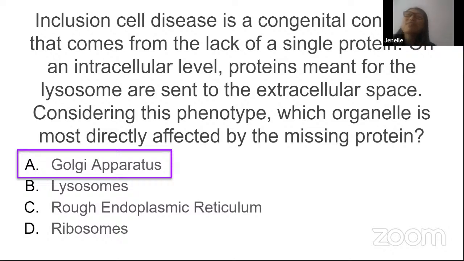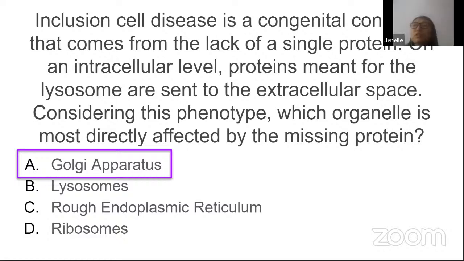I will explain how come it is specifically the Golgi apparatus. The question says inclusion cell disease is a congenital condition that comes from the lack of a single protein. On an intracellular level, proteins meant for the lysosome are sent to the extracellular space.